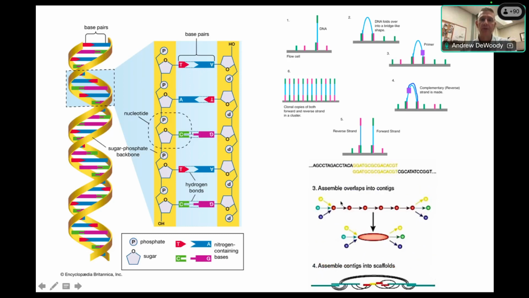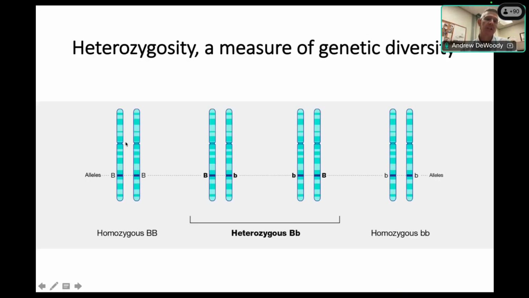And then we use a computer to try and put those all back together computationally and organize them in a way that hopefully looks like the actual chromosomes do in the organism. Okay, and why do we do this? Well, in part to measure genetic diversity through different lenses like heterozygosity.